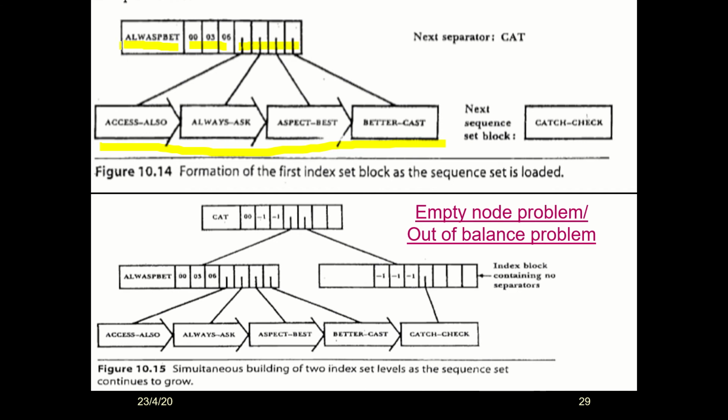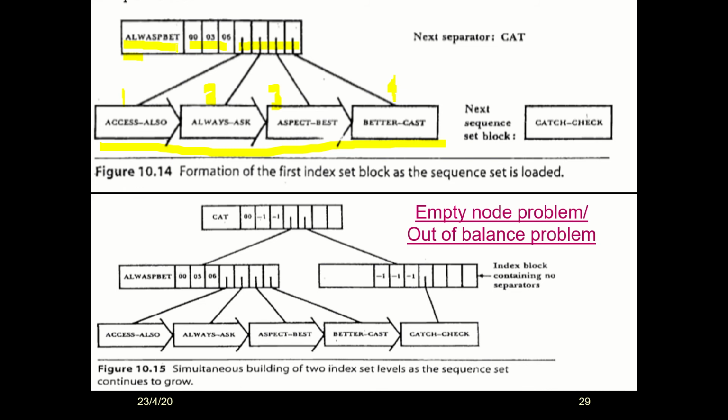Here ALW is the first separator, telling that the keys below ALW will be in my first block, and the records above ALW will be in my second block. Then comes ASP, it will be in my third block. Then for BET, records above or equal to BET will be inside my fourth block.